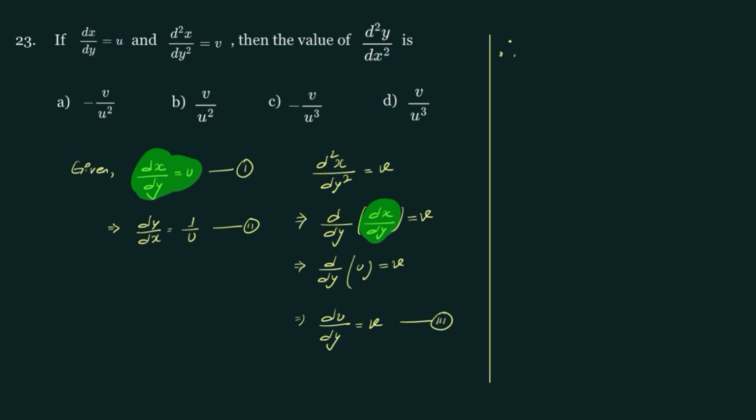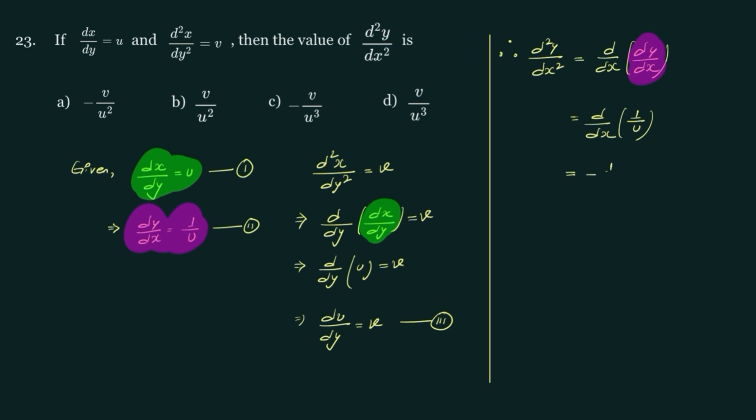So d2y by dx2 equals, this is actually d dx of dy by dx. So this equals d dx of, now here dy by dx can be written as 1 by u from equation 2. So it will be equal to, now d dx of 1 by u is minus 1 by u square, and we have to differentiate du by dx also.